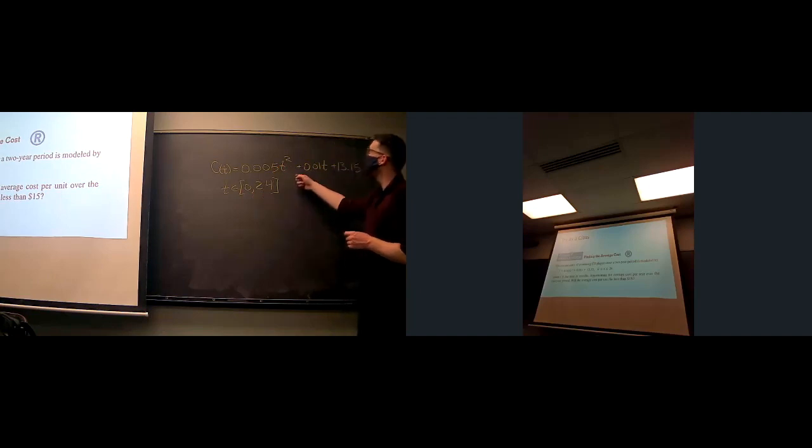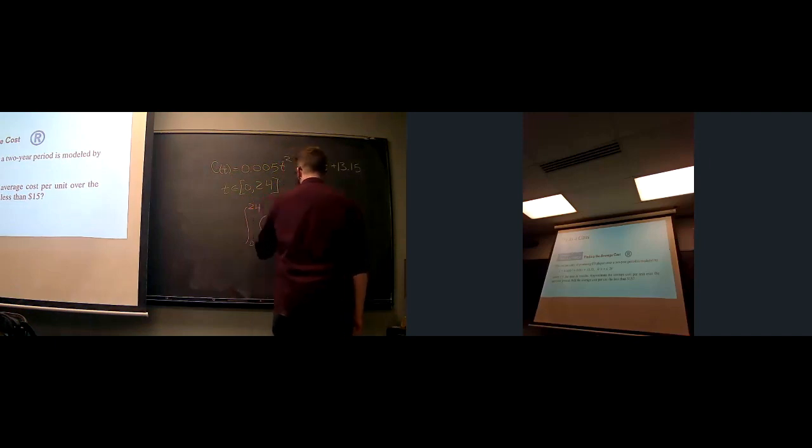So we've got a function of time representing the cost of a CD player. Now, what we want to find is the average cost of this CD player in that 2-year period.